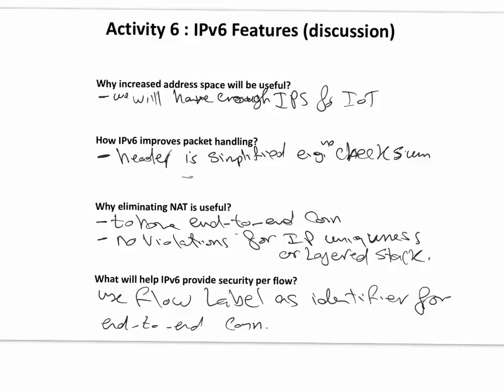So the security is not done by IP version 6 alone, but having these fields in the header will help put security in place. But it's not just built into IP version 6.